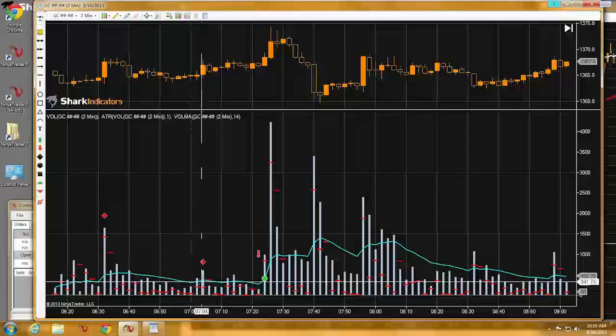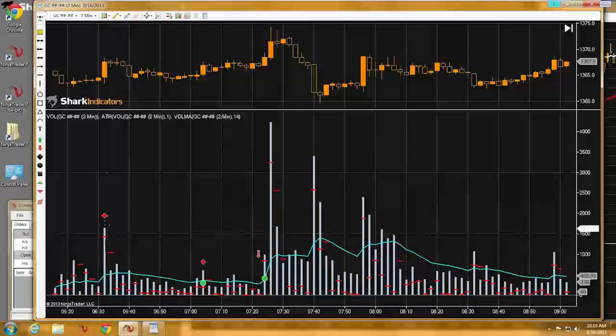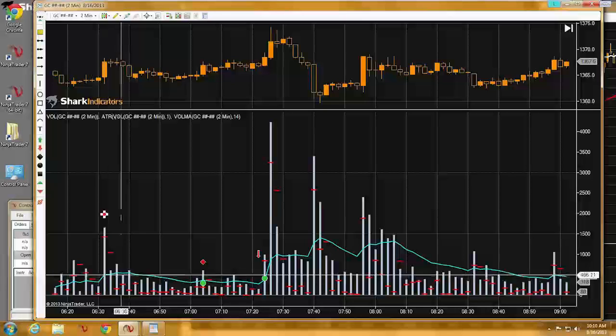Right, so the red ATR is lower than the blue volume moving average. So maybe that needs to be an additional logic in there. Right. So on this one here, that worked out good. Our ATR is above the moving average.